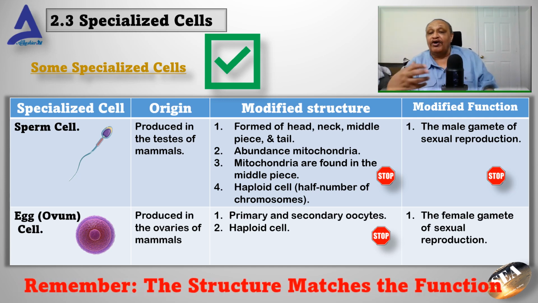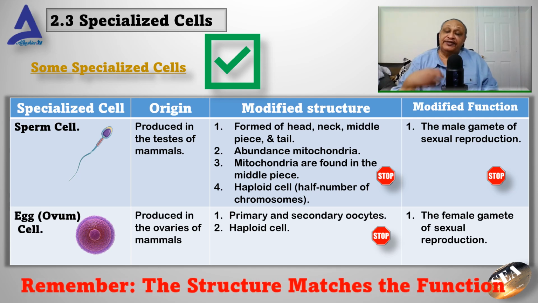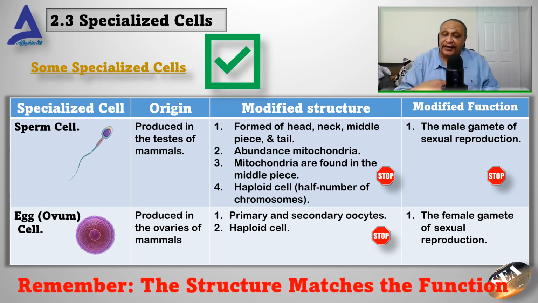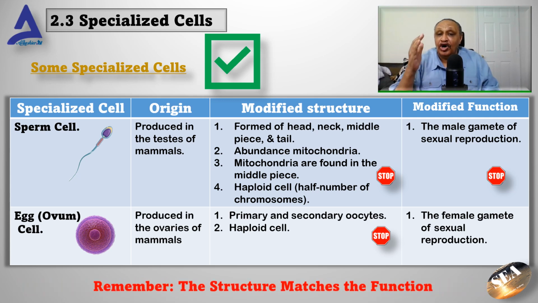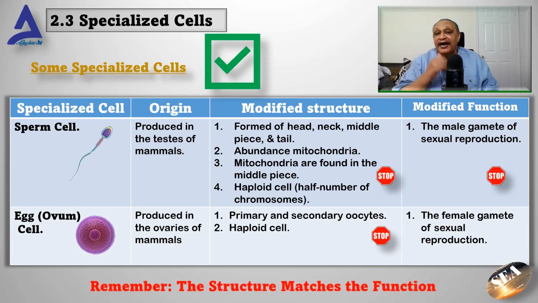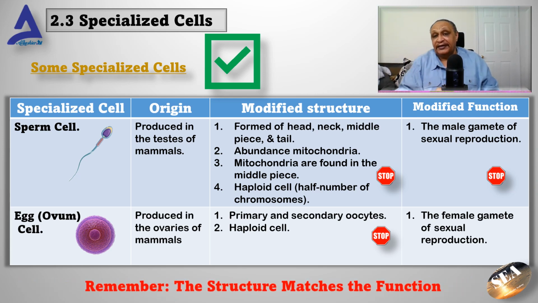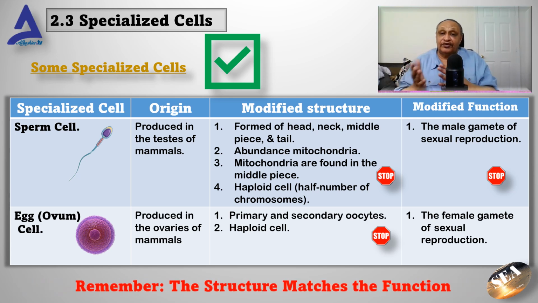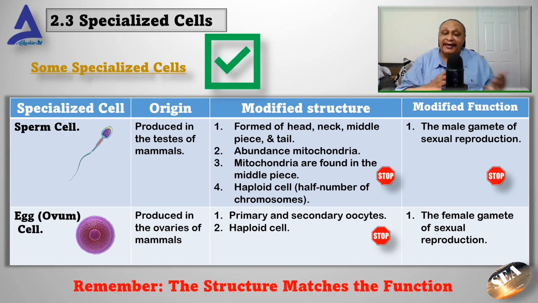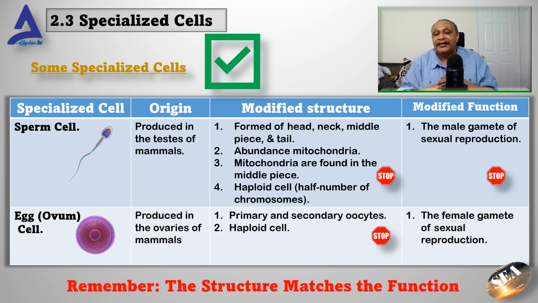By haploid cell, that means the nucleus of this cell has half the number of chromosomes. That means if a human, for example, has 46 chromosomes in its somatic cells, in its sperm or egg it has 23.